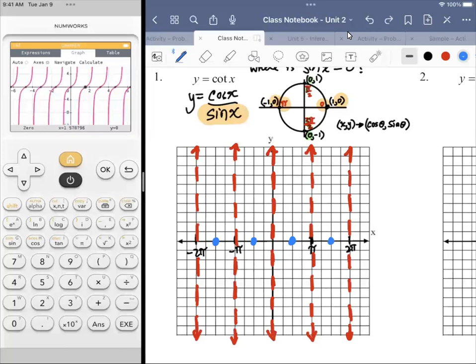And the reason for that, and I'll actually just show you the intermediate graph. So I'll just do it real quick. This is what the tangent would look like. So this would be part of the tangent graph. Just like we did with the reciprocal functions cosecant and secant, the part that opens down should now open up.